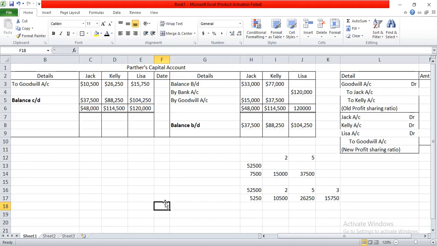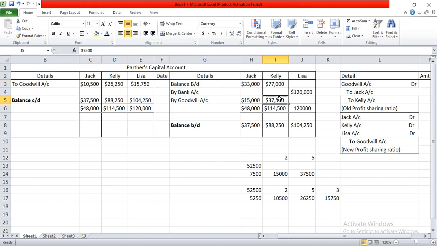If you look here, Jack is getting 15,000, because his capital account is credited, so his balance is increasing, and Kelly is getting 37,500, but Lisa is not getting anything here. Now on this side, Jack is paying 10,500. He received 15,000 but is paying only 10,500.